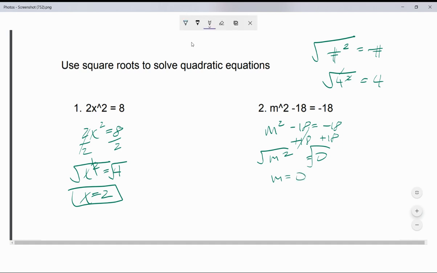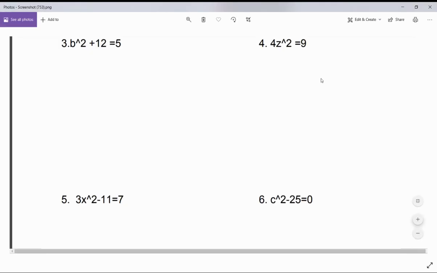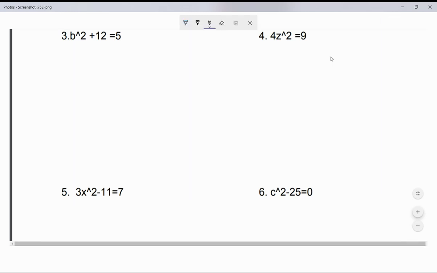Okay, let's do some more. b squared plus 12 equals 5. Minus 12, minus 12. b squared equals negative 7.